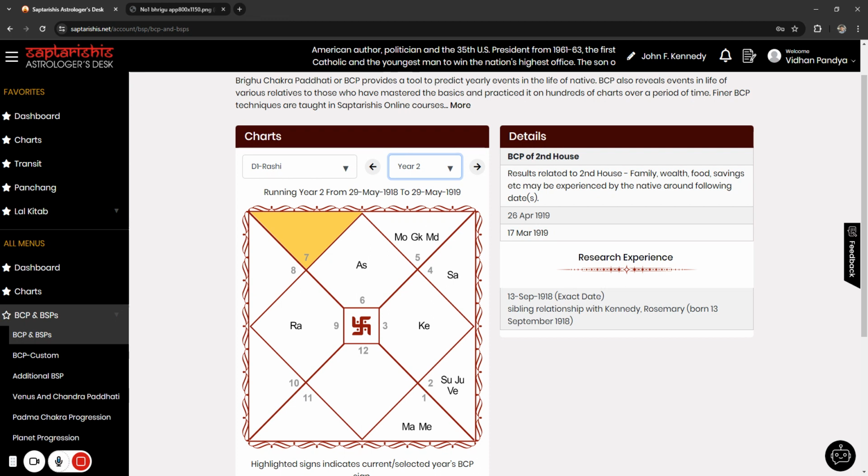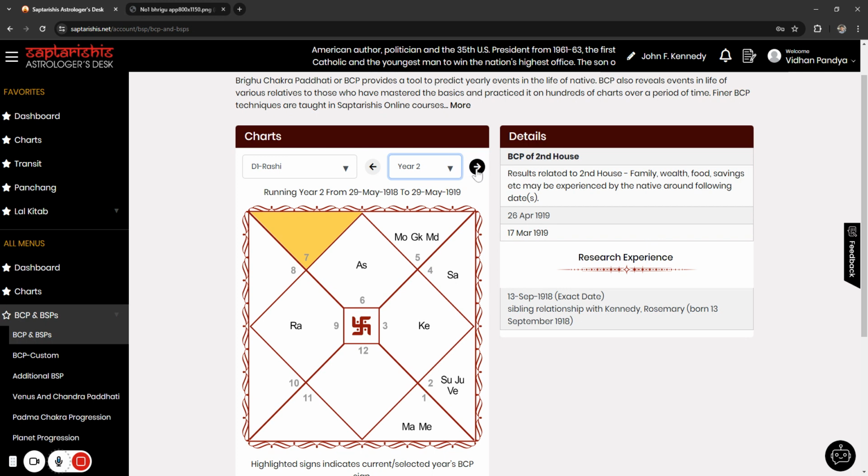So we can see how beautifully it is working, right? It is telling you something related to the second house would have happened, and then we can immediately match it with what is given in the research experience section, that yes, there was a birth in the family, there was an expansion in the family, and a sister was born to John F. Kennedy during that year.